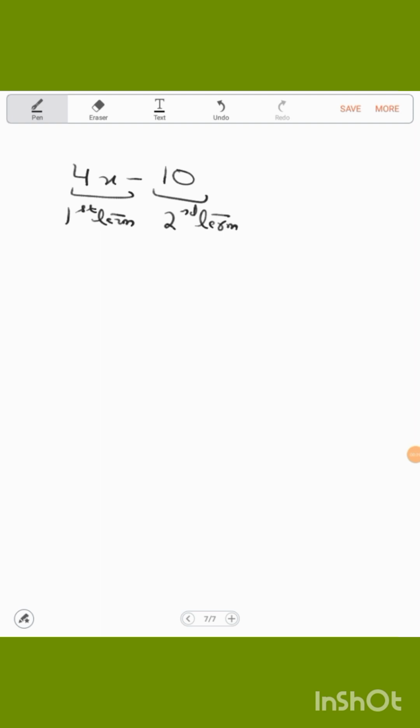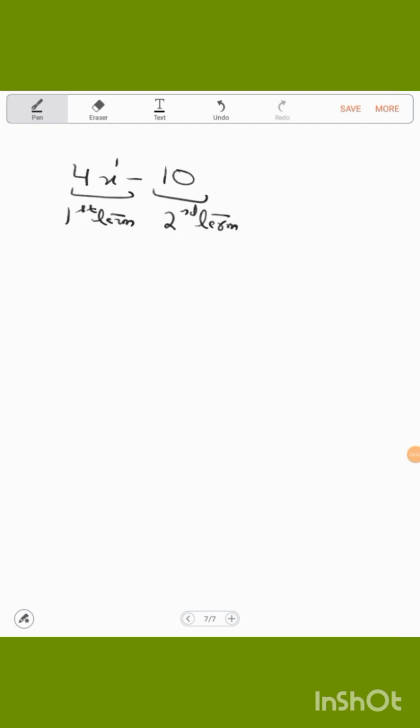Okay, so you are going to see whether we can apply the formula a square minus b square, or we can take common between these two terms. If you see the power of x, it's 1, it's not square, so we cannot apply the formula over here. So obviously the next step is that we are going to take the common.